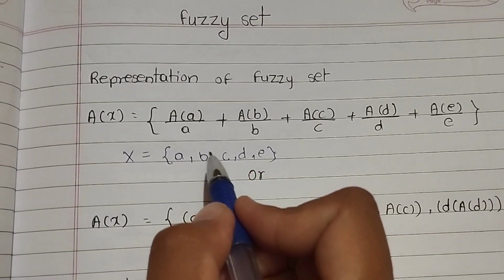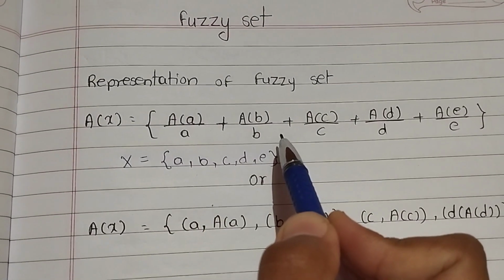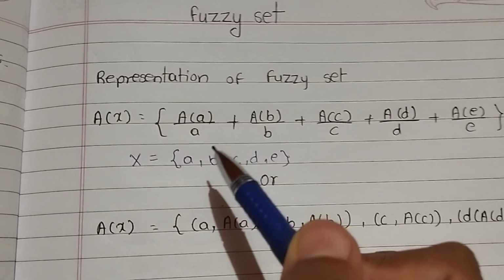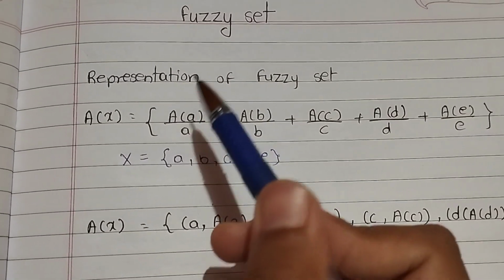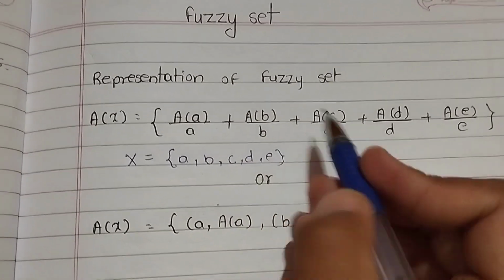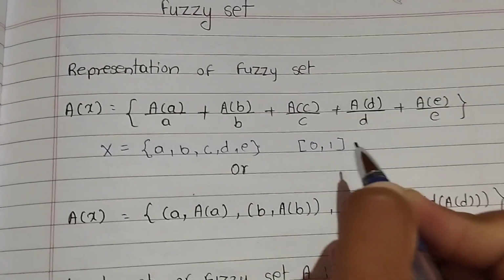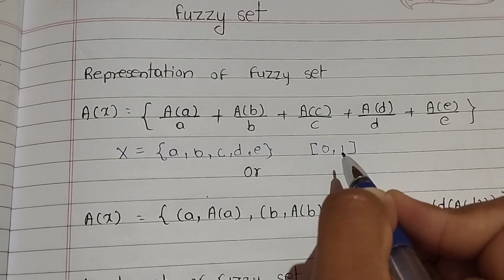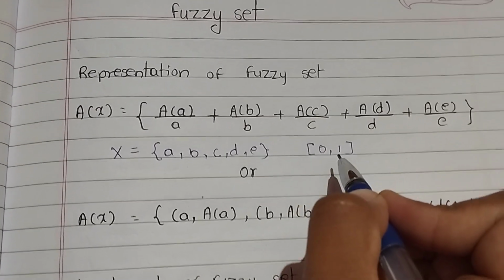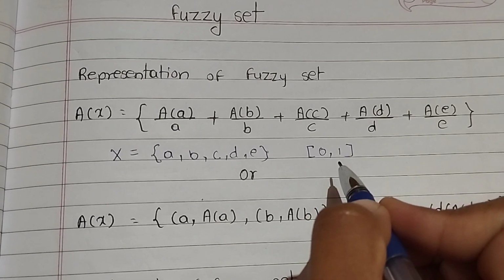Then the universal set is written in the denominator and the images of the universal set are written in the numerator. The values of the images always belong to 0 and 1. All the images values are always in between 0 to 1 and these values are called the membership function.